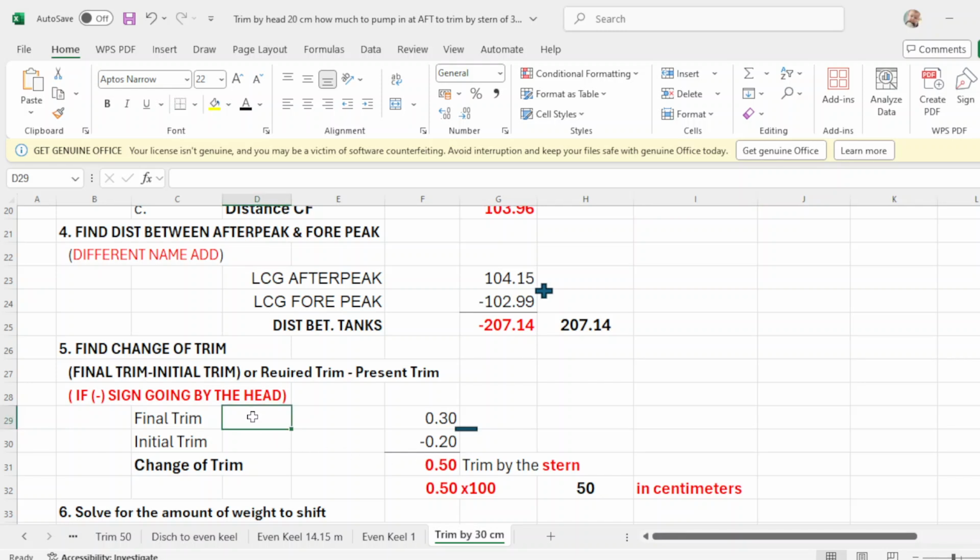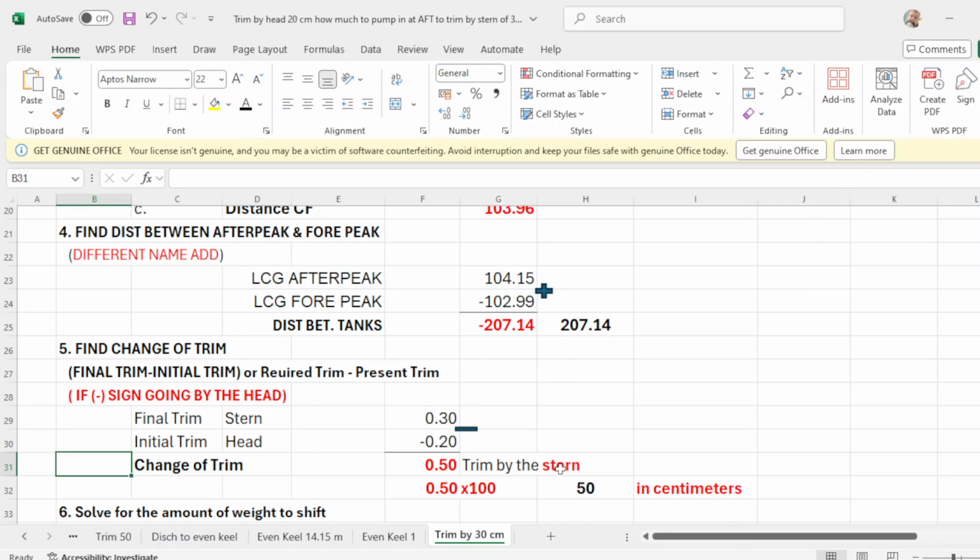So this is by the stern, and this one is trim by the head. That's why it's negative.